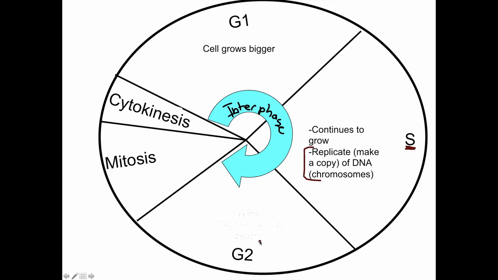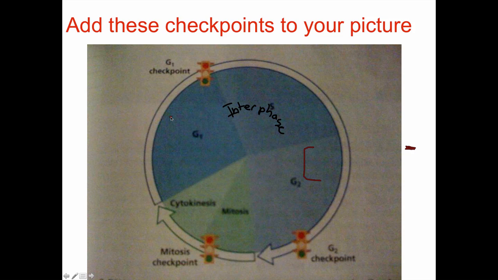Then you have G2. Cell continues to grow a little bit bigger, and this is where it prepares to divide by getting the cytoplasm ready, preparing organelles for division, and all that. Now, there's checkpoints that are found in the cell cycle. These checkpoints are basically spots when the cell is going to stop and check to make sure that everything is happening correctly.